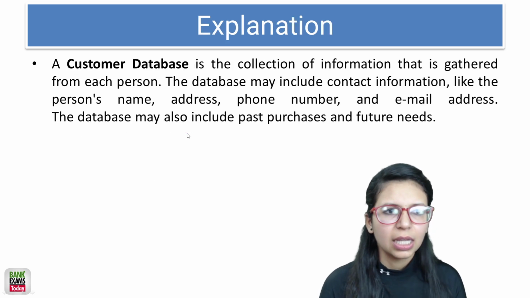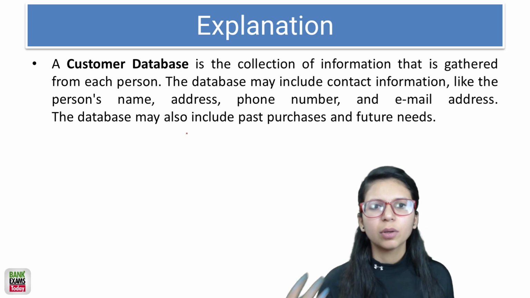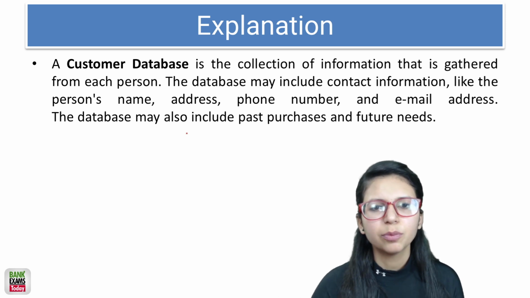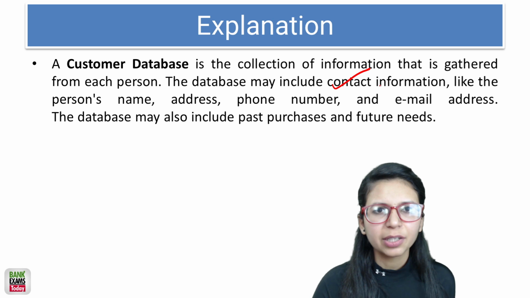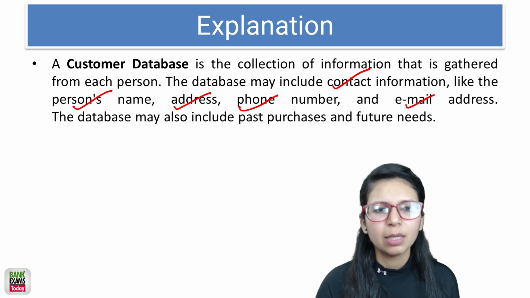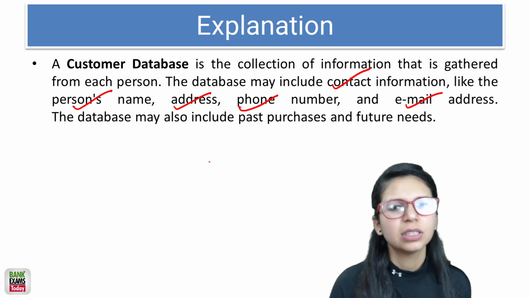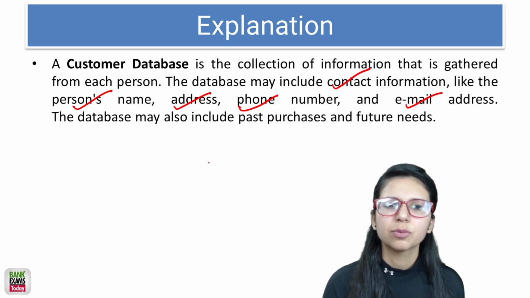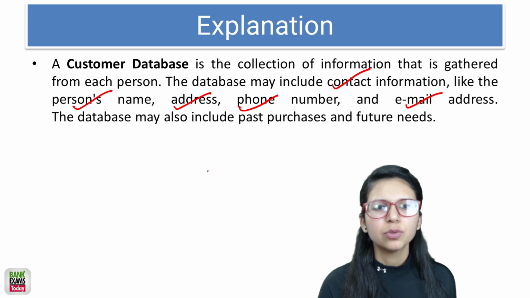Customer database is gathered from each person, where we include all the contact information of the customer: name, address, phone number, email address, and some details like that. So that is what customer database is, in which we have the information regarding the customers.